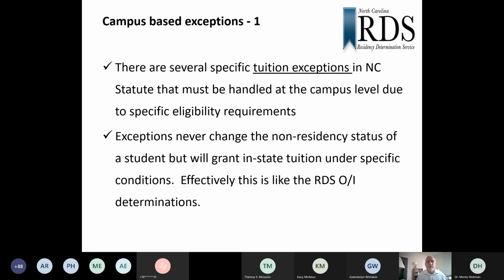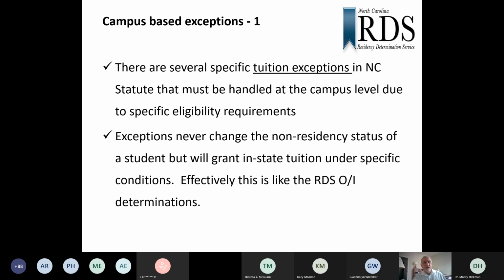It has certain requirements to it, but it's contingent on every semester continued employment. So that's not something you give once and then the person could use it for 5 years, and that person may have left employment. So some of them specifically dictate a time frame or a reevaluation.